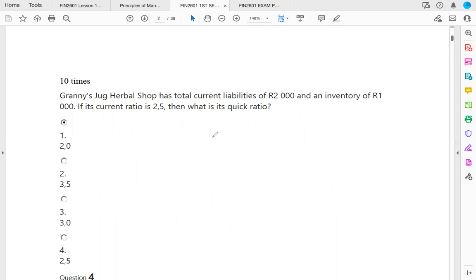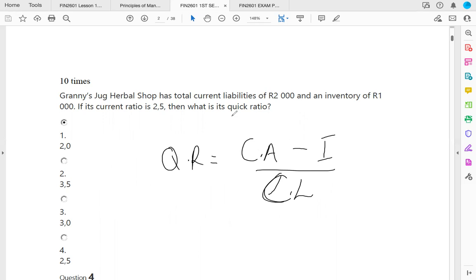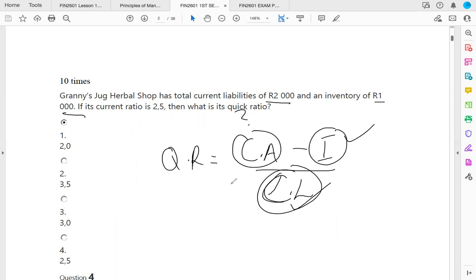Right. So the starting point is always to write your formula. Remember your ratios: current assets minus inventory over current liabilities. And then you check to see if you've been given this information. We've been given our current liabilities. We've been given our inventory, but we haven't been given our current assets. Do we have any other financial ratio here? Yes, we do, the current ratio.